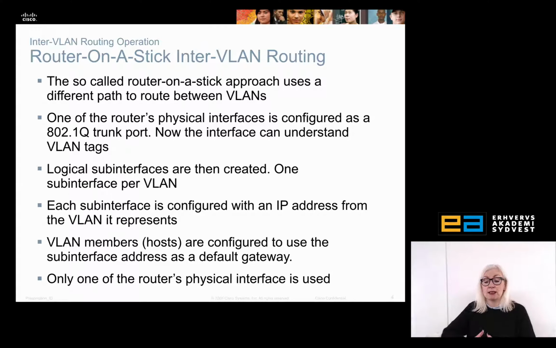In this case, it is easy to scale because if you have a new VLAN, you just add another sub-interface. And then, of course, we set it up with the correct IP addresses according to the different VLANs, and the sub-interface will then be the default gateway for each VLAN.